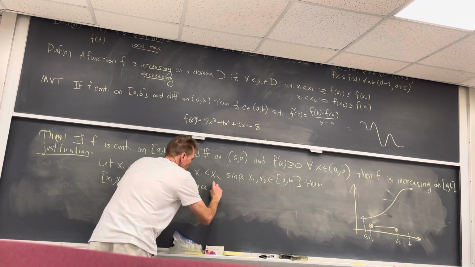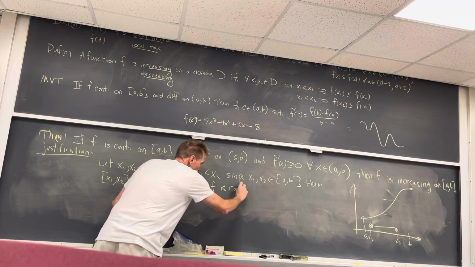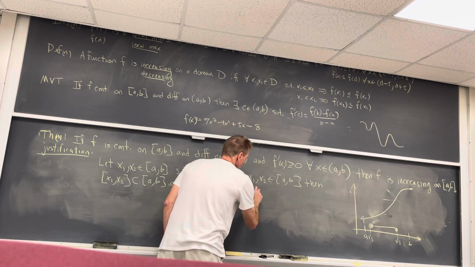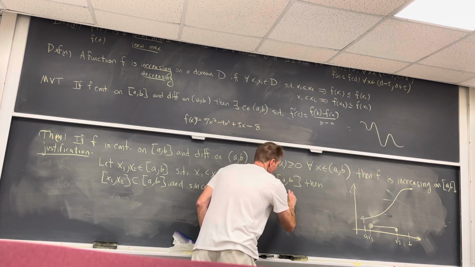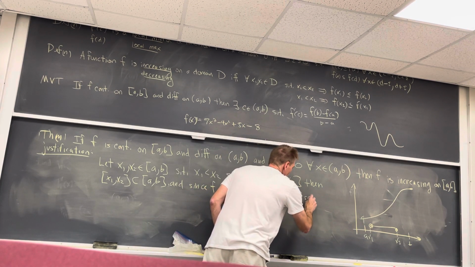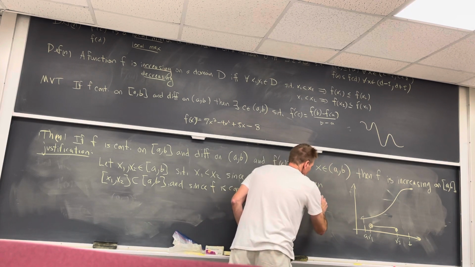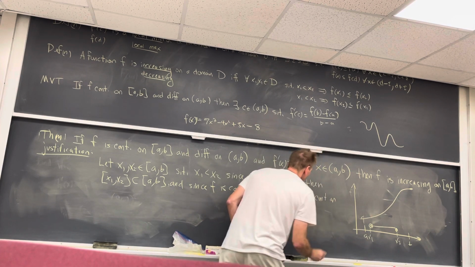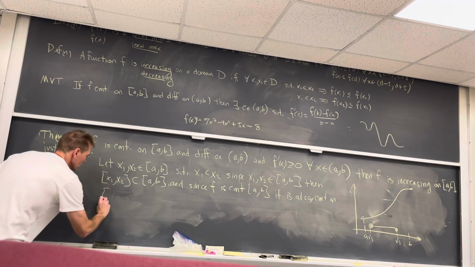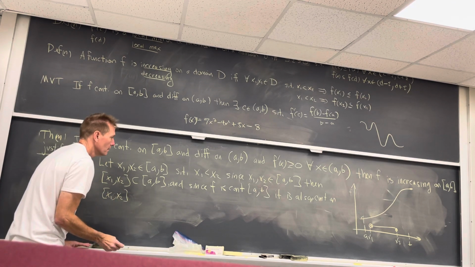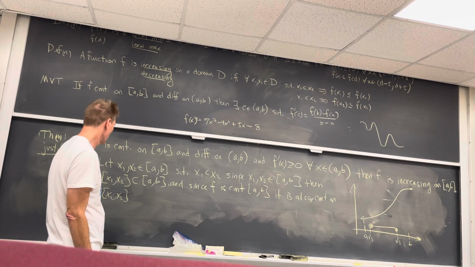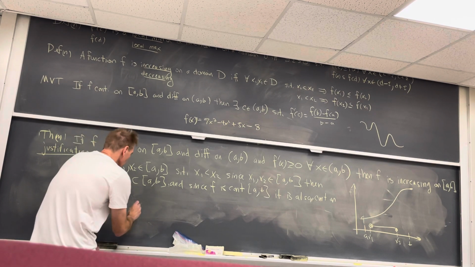And since f was given to us to be continuous on the closed interval AB, it is also continuous on the closed interval x1, x2. And my sentence is getting horribly long, but I think I'm going to still go with it.